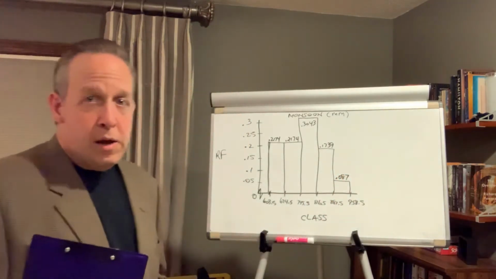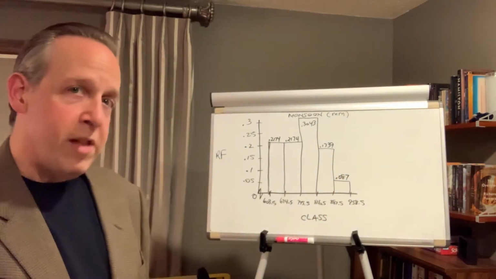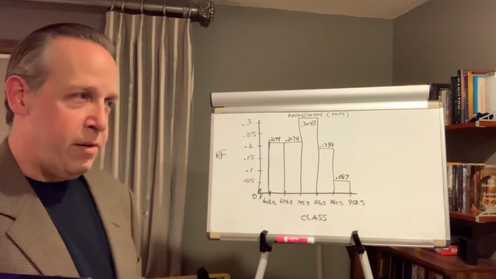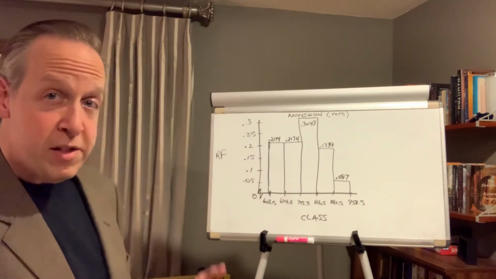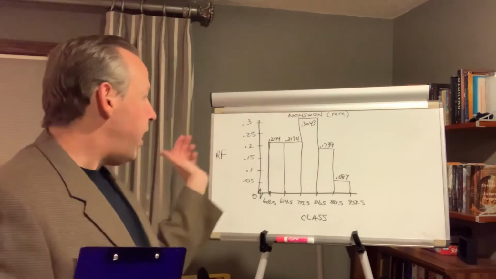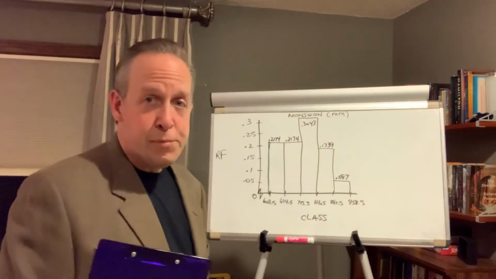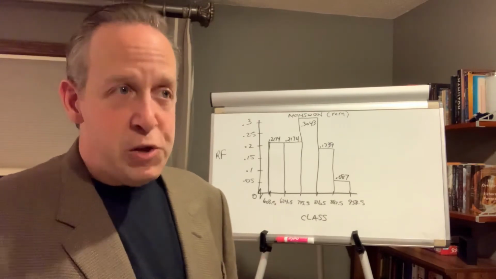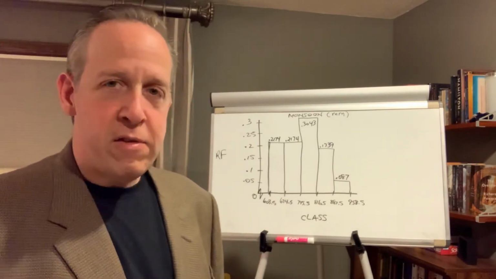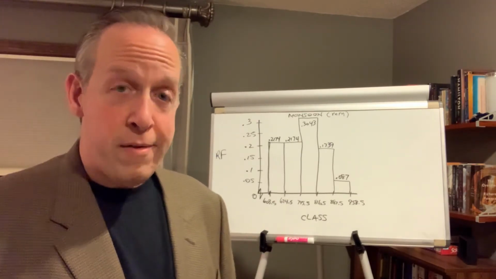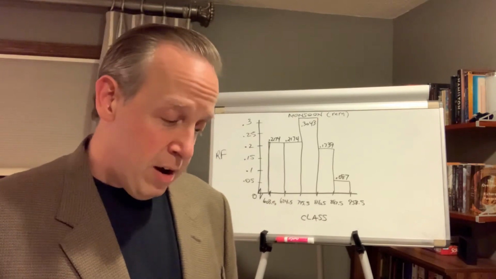Okay, so I've made the 5 bars, I've labeled each one, I've made sure I paid attention to the continuity correction and the scaling, title, axis labels, everything is there. That's your finished product. Please make sure that when you do a histogram, all of these elements are there, because that's what you'd be graded on.